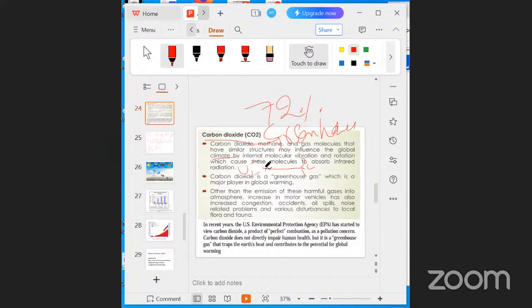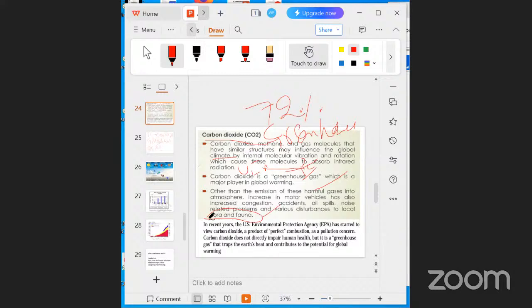Carbon dioxide is a greenhouse gas, a major player in global warming. Other than the emission of these harmful gases, the increase in motor vehicles has also increased congestion, accidents, oil spills, noise problems, and disturbances to local flora and fauna.